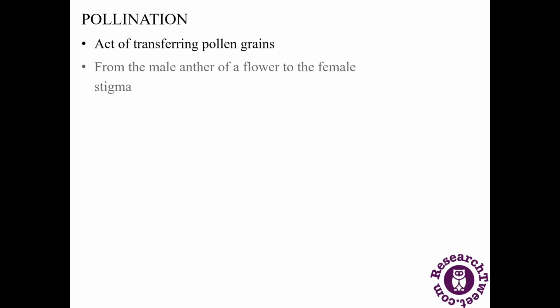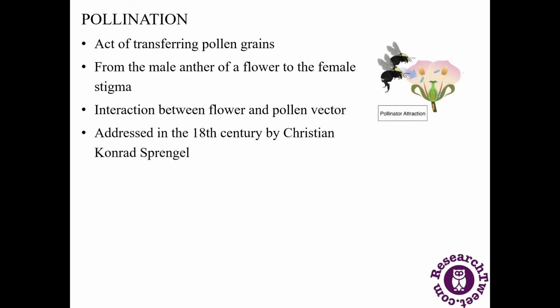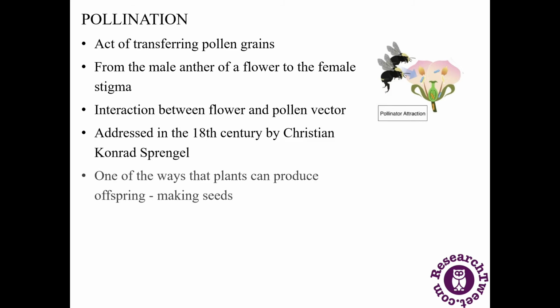Pollination. Pollination is the act of transferring pollen grains from the male anther of a flower to the female stigma. The pollination process as an interaction between flowers and pollen vectors was first addressed in the 18th century by Christian Conrad Sprengel. One of the ways that plants can produce offspring is by making seeds.